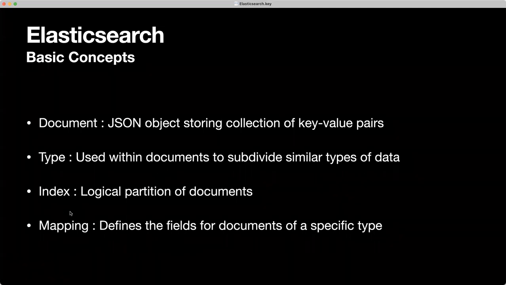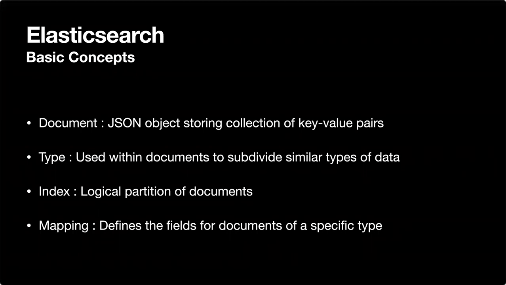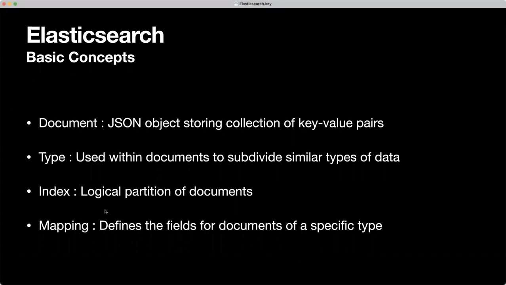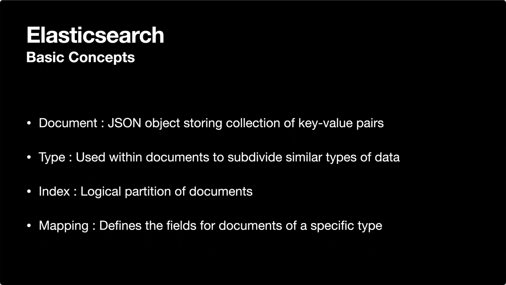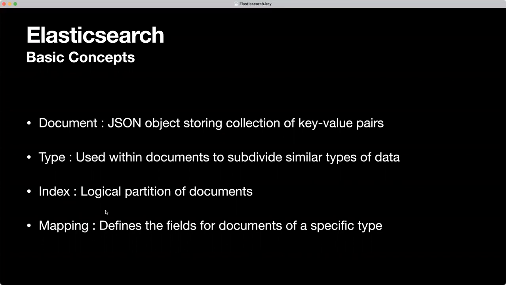Then the next is index. An index is a logical partition of documents. I might have 10,000 users, so I will have one document per user, which is 10,000 documents. But I may not want to store all of those documents in one place. These are all documents of the same type, and I want to query them together. If I'm querying for users, I want to query across all of those users.